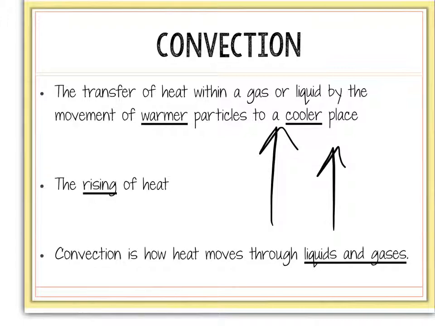It likes to go to the higher temperature, and with that, convection is only seen in liquids and in gases. So you will not see convection take place in a solid.